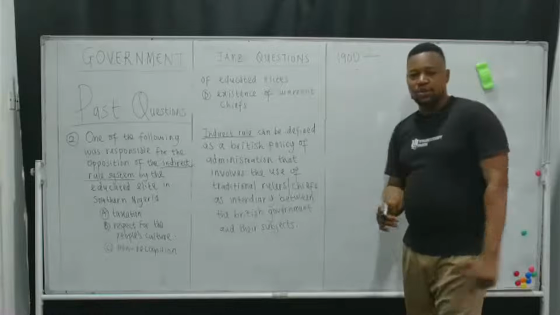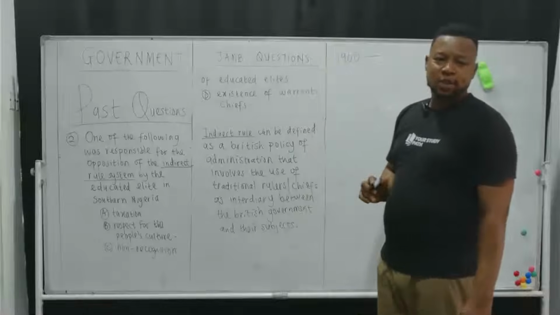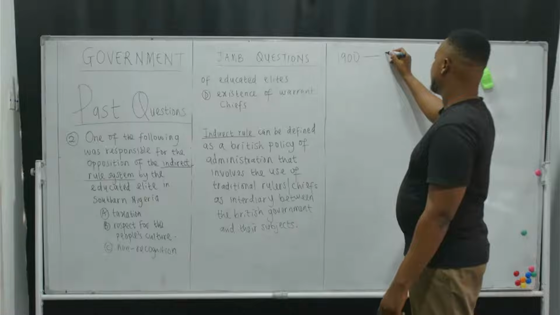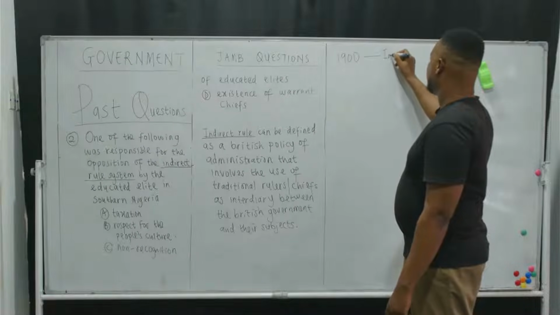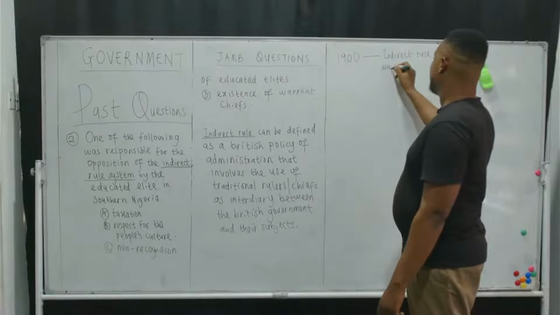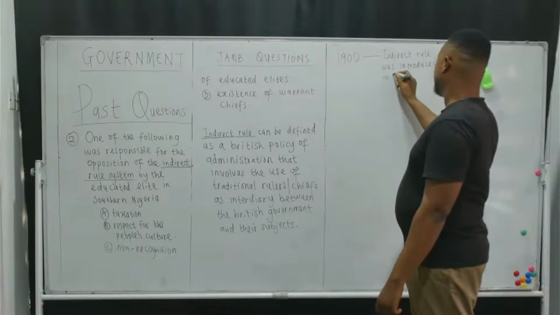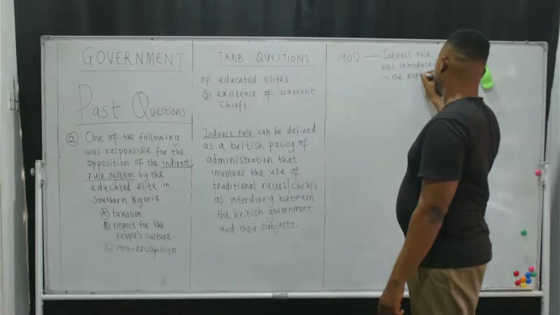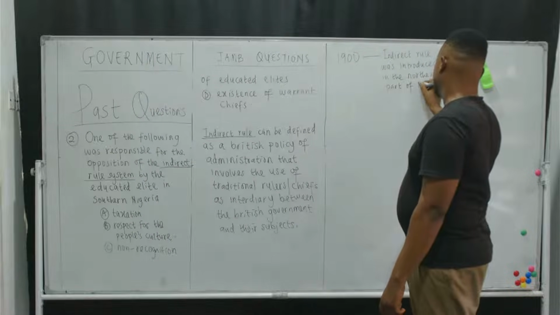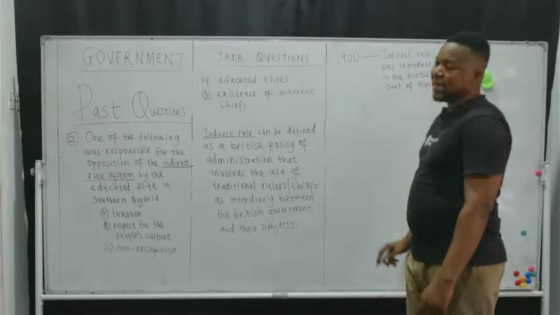But in that 1900, the indirect rule system was only adopted in the northern part of Nigeria, which we used to call the Northern Protectorate.